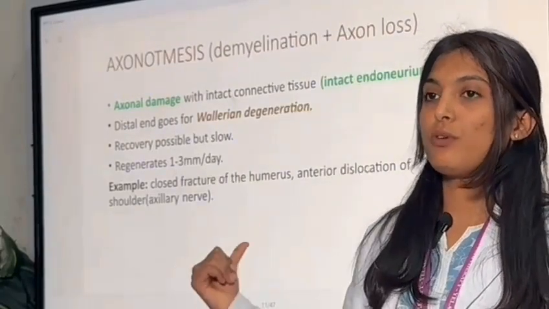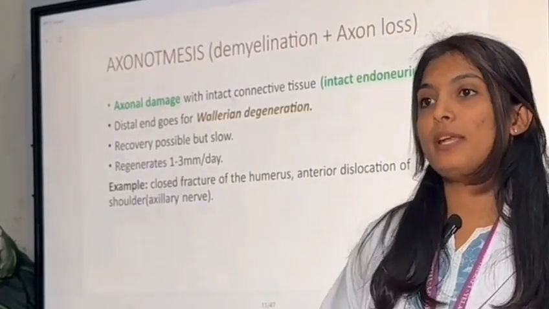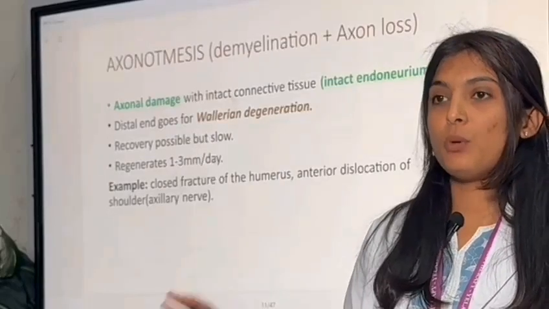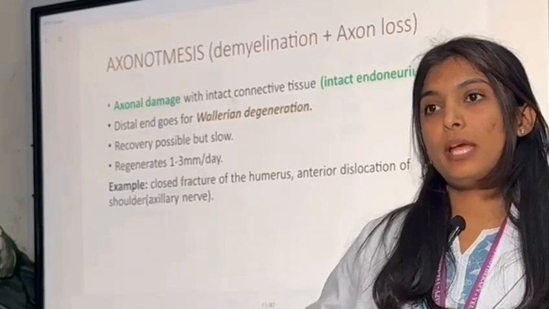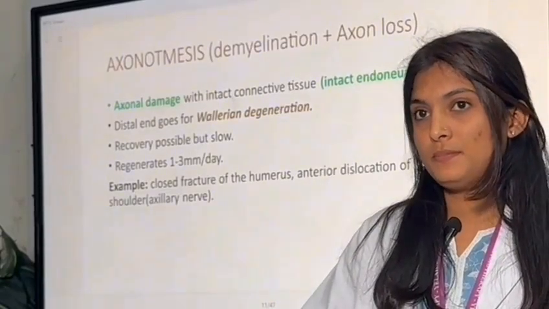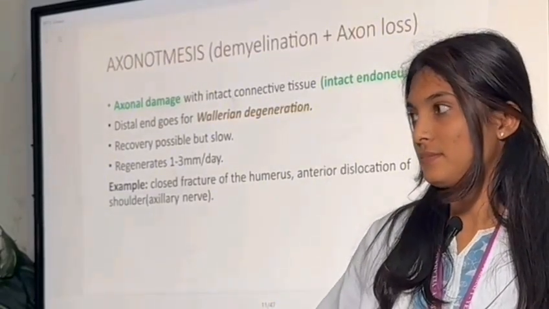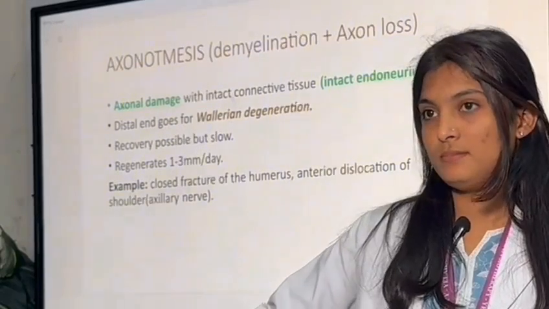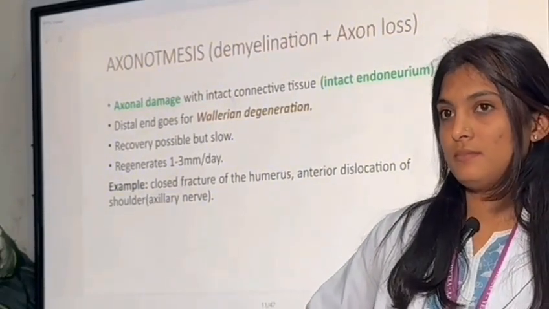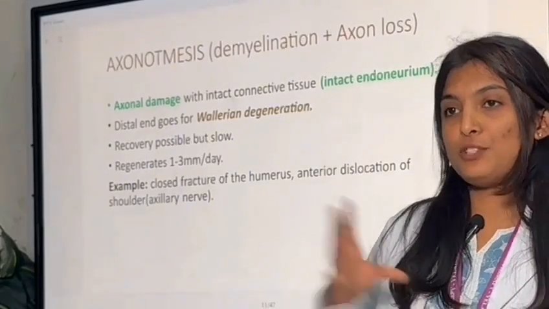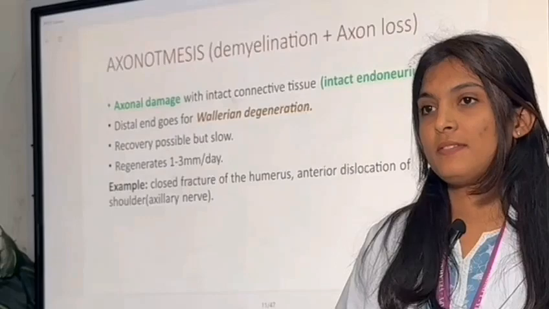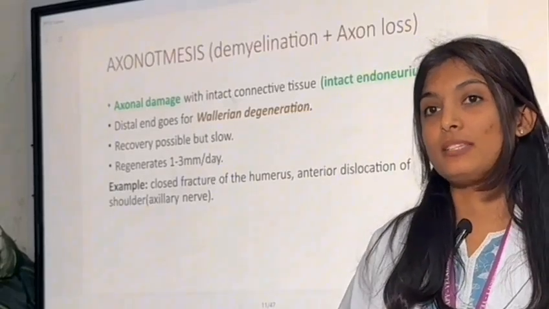If it grows only 1 to 3 mm, then the recovery will be very slow. So instead of 1 to 3 mm regeneration per day, why not 6 to 10 mm? There is a physiological reason behind it.